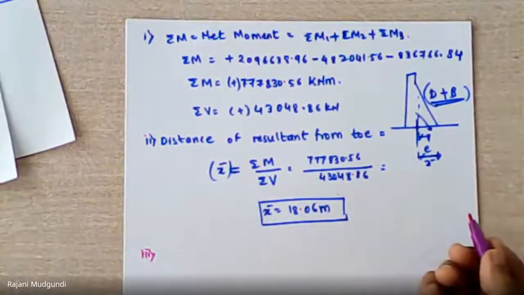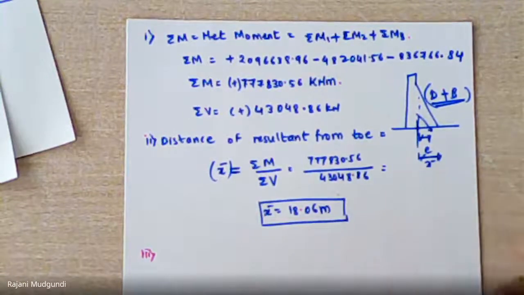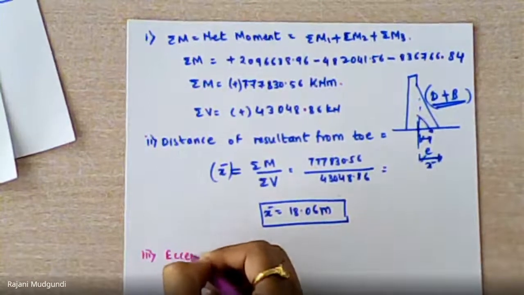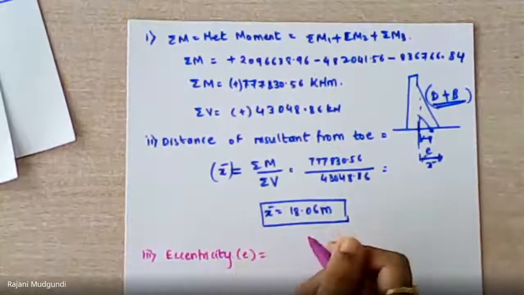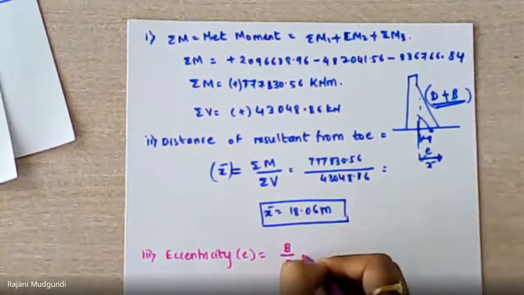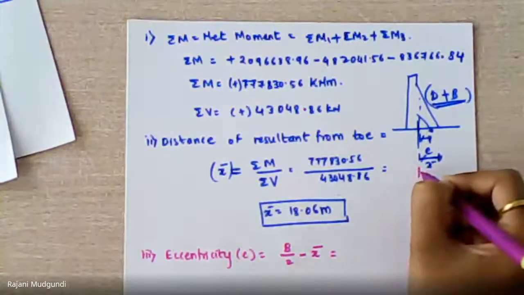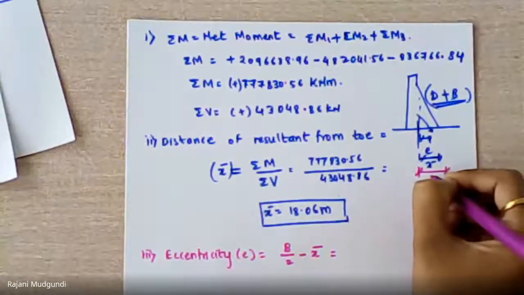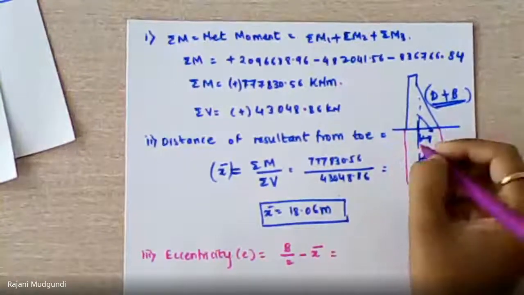Now we will check whether there is an eccentricity or not in the line of action of the resultant. So eccentricity e will be equal to B by 2 minus x bar. This B by 2 will be half of the total width.